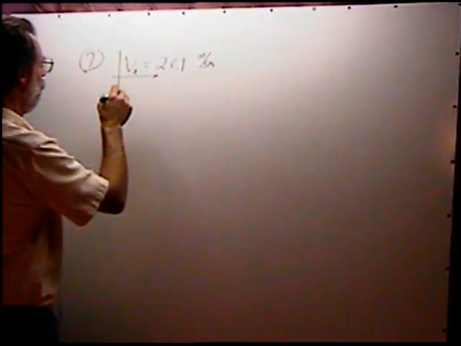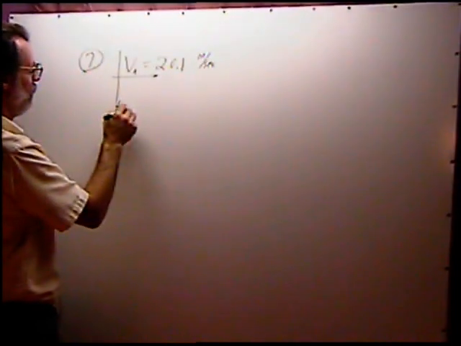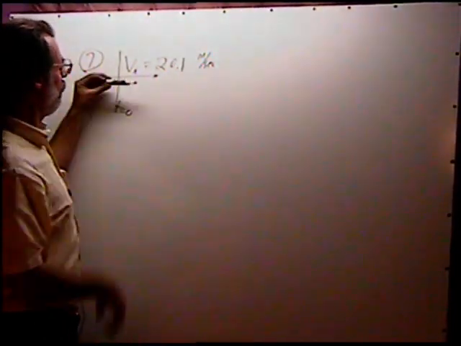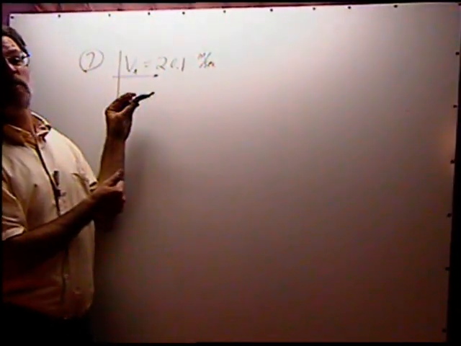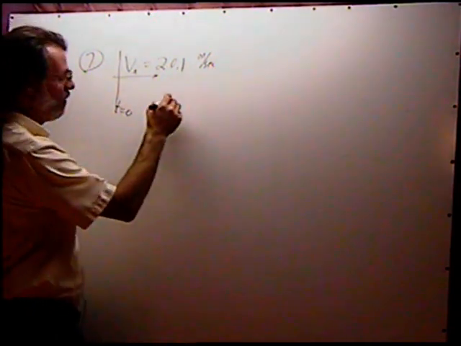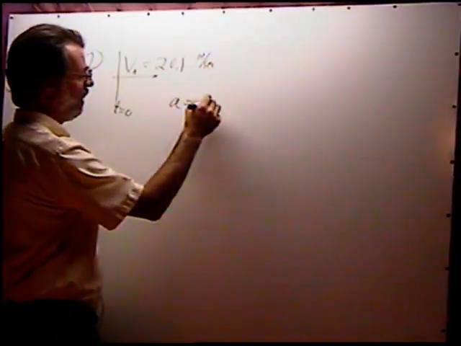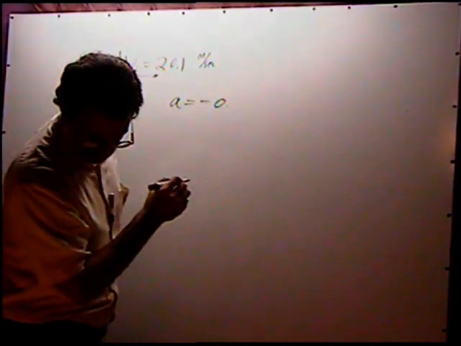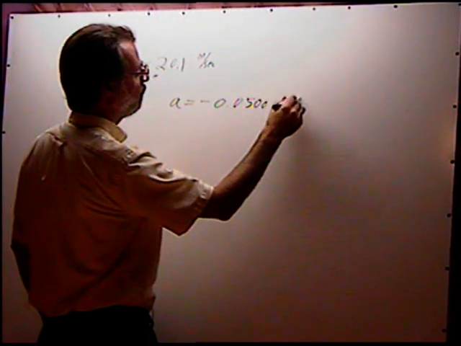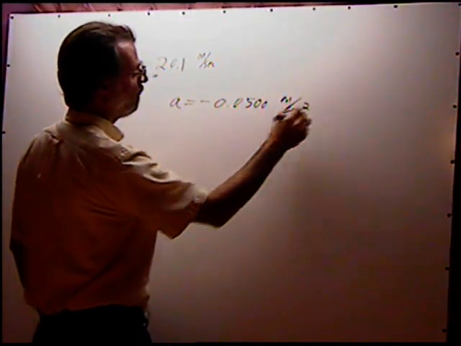Okay. At some point, let's say t equals 0, the train's traveling at a certain velocity, and right at this point, he starts to apply the brakes. He starts to decelerate. He applies the brakes such that the acceleration is negative 0.0500 meters per second squared.